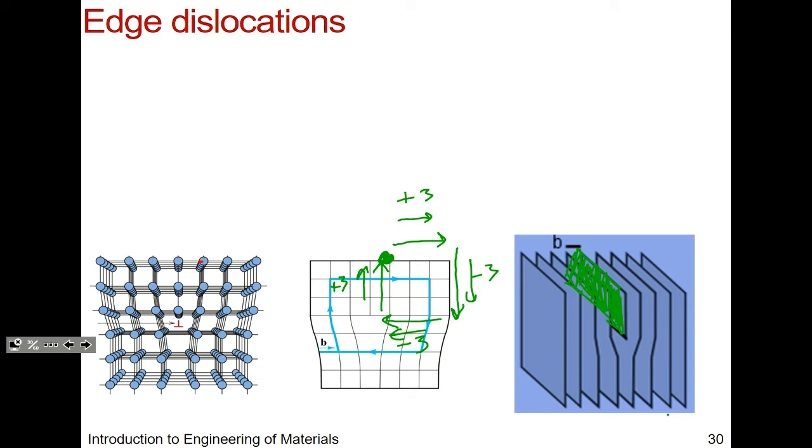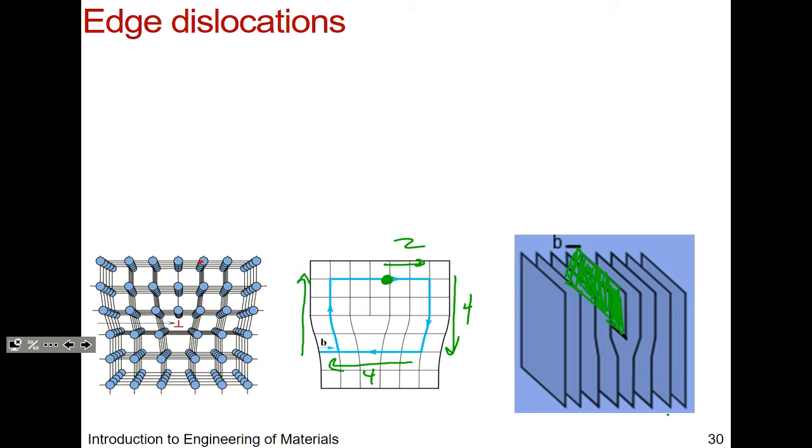Now, that's not the case when you have an edge dislocation. So it adds in an extra one, an extra half plane. And so if you start here now, and you go 2 in this direction, and 4 in this direction, then 4 in this direction again, then 4 in this direction again, and then 2, which is total 4, you see that you end up here in this red dot, okay?